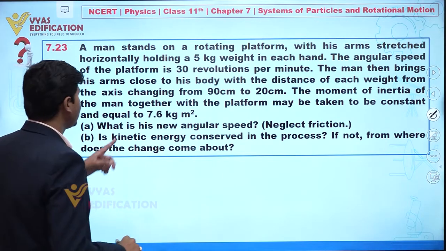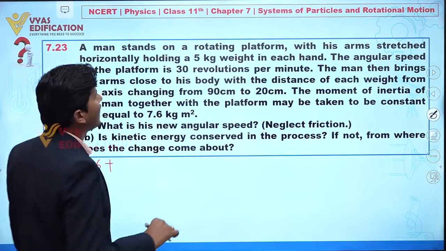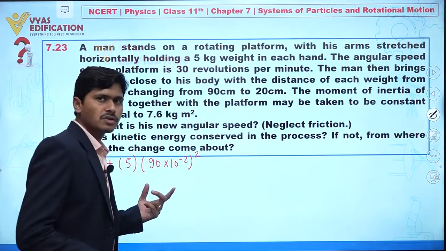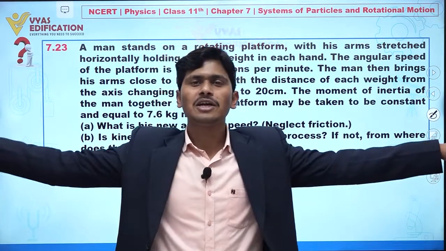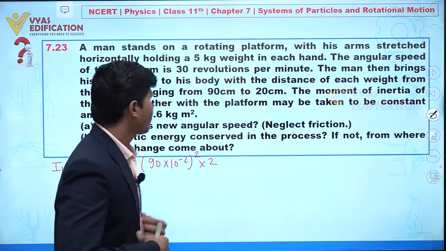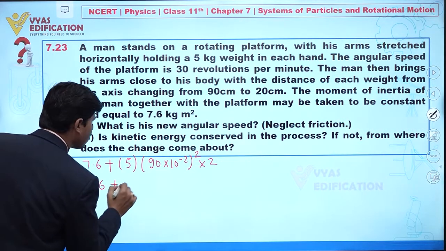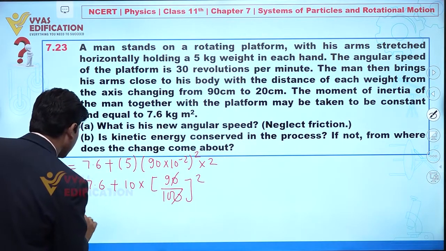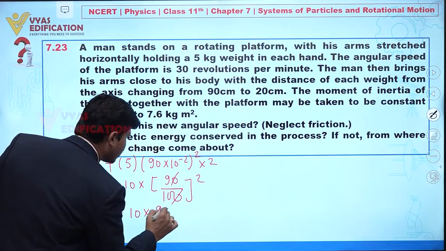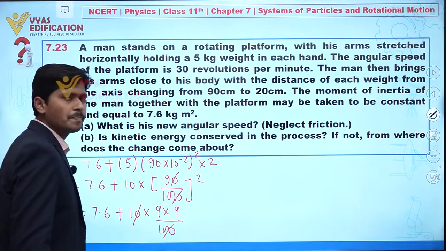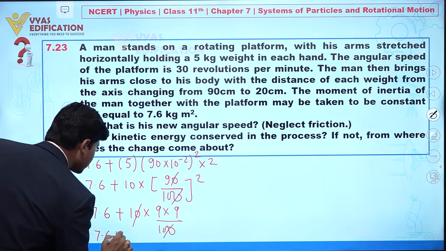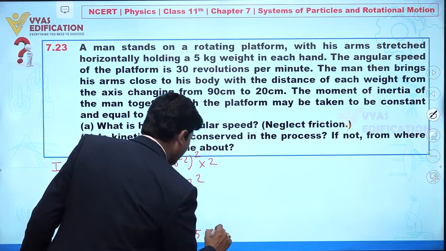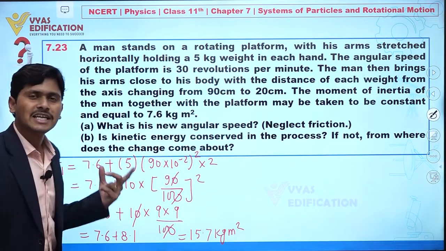It is 7.6 for the man plus platform, plus m r square, that is 5 into 90 into 10 to the power minus 2 whole square, multiplied by 2 because I am holding a weight in each hand. So 7.6 plus 10 into 90 divided by 100 whole square, which is 7.6 plus 8.1, so we get 15.7 kilogram meter square. This is the initial moment of inertia.